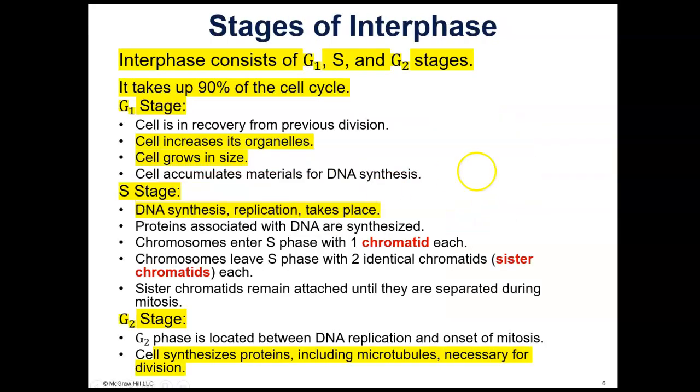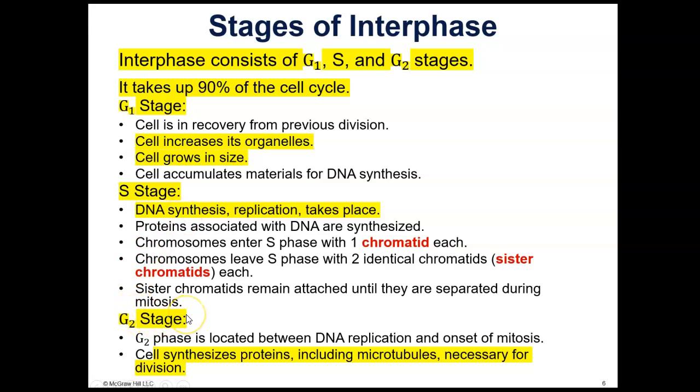Okay, so the G1 stage, the primary thing that happens during that stage is that the cell doubles its organelles and grows in size. The S stage, or synthesis, is when DNA replication takes place.